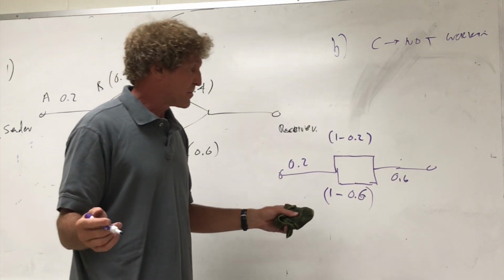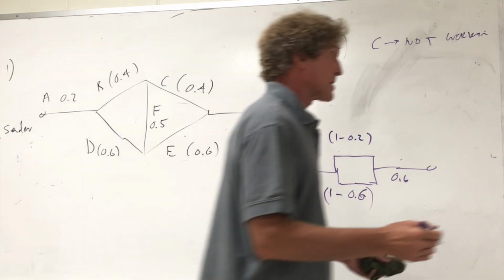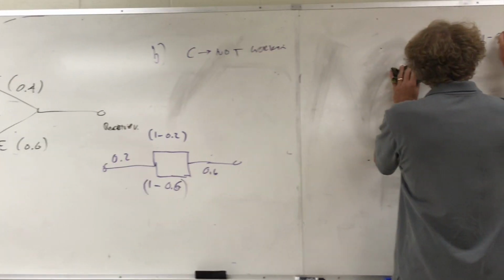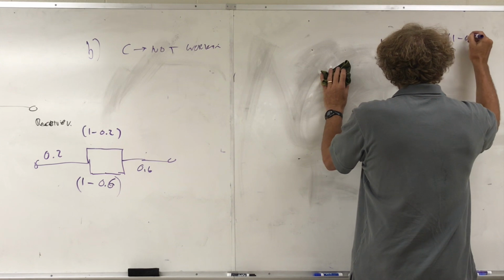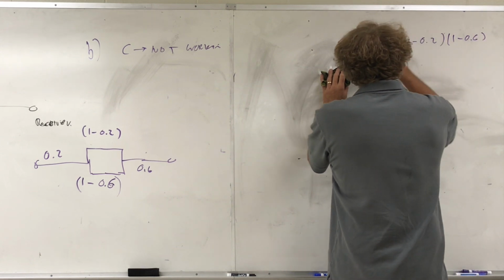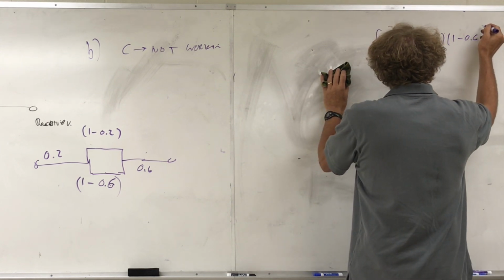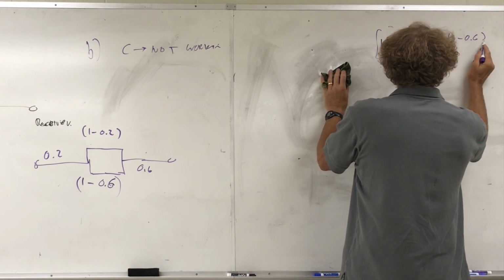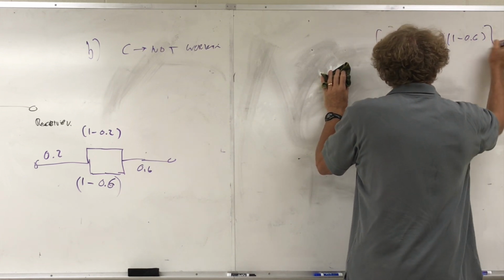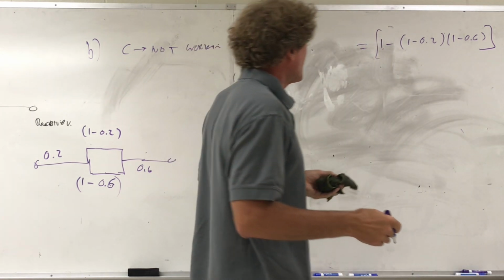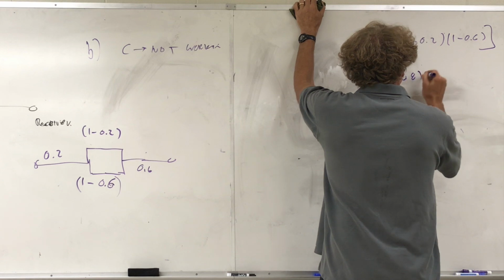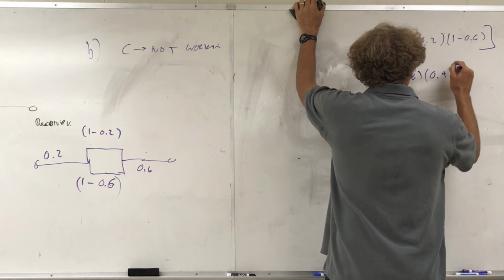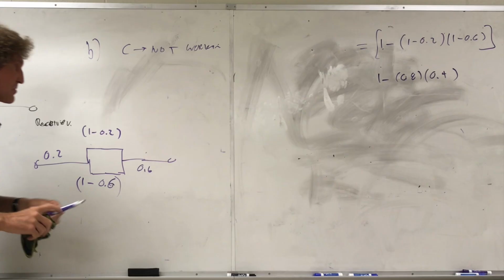All right, now the probability of this whole thing not working would be 1 minus 0.2, that's 0.8, and 1 minus 0.6, 0.4. So that's the probability, I'm sorry, this is the probability of the whole system not working. 1 minus that would be the probability of it working. And what is that? 1 minus, this is 0.8 times 0.4, right? And I'll leave it like that. I'll redraw this.